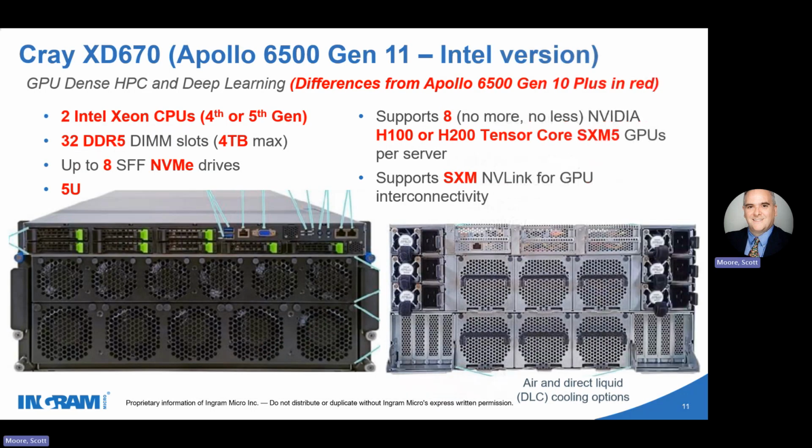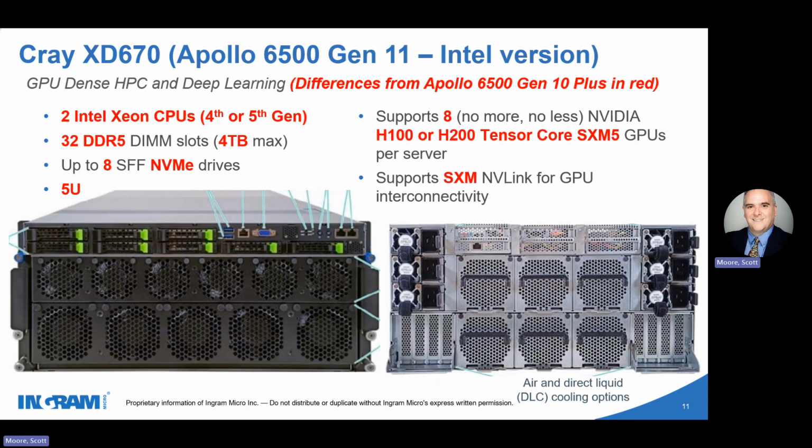The Cray XT 670 is kind of like an Apollo 6500 Gen 11, the Intel version of what would be an Apollo 6500 Gen 11, if you will. Still 2 Intel Xeon CPU capable, 4th or 5th generation processors, 32 sticks of memory for a max of 4 terabytes, and up to 8 NVMe drives inside the 5U rack mount box.